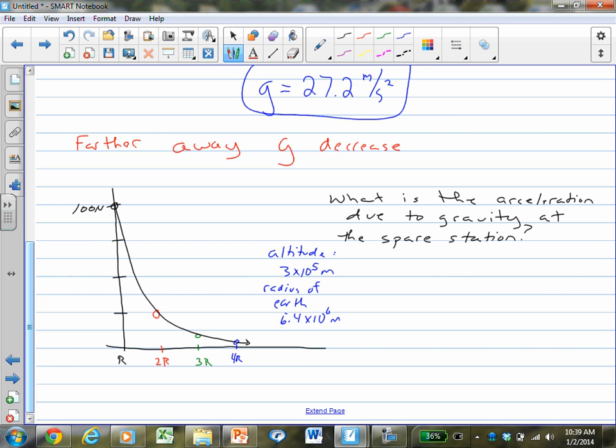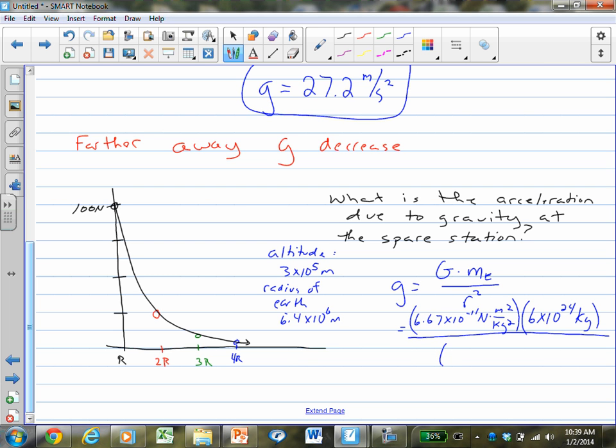So g would be big G times the mass of Earth over r squared, or 6.67 times 10 to the minus 11 newtons times meters squared over kilograms squared, times the mass of the Earth, which is 6 times 10 to the 24 kilograms, over the radius squared.